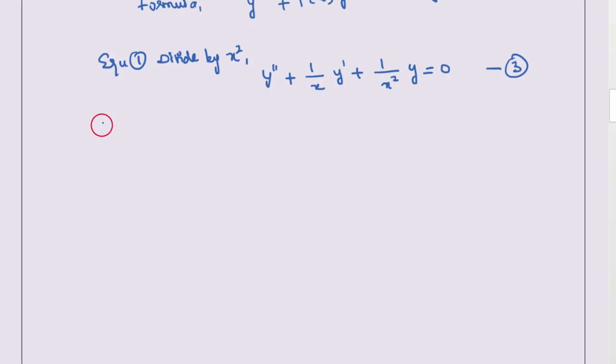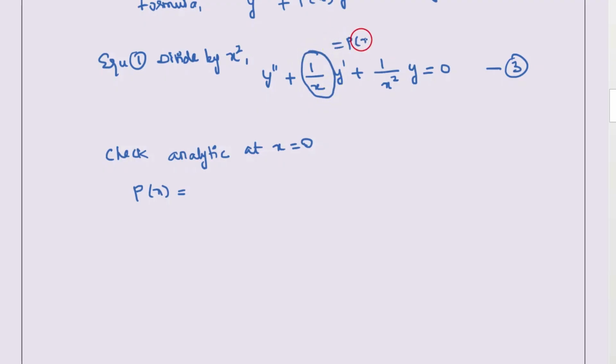So what is the procedure? First we have to check analytical at x equal to 0.